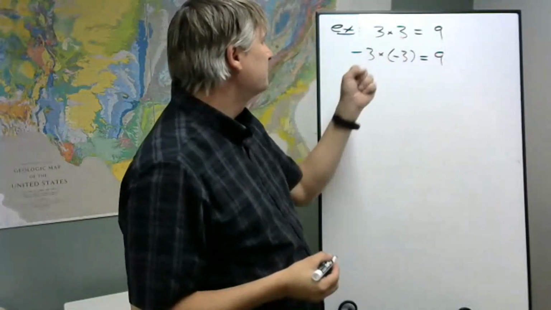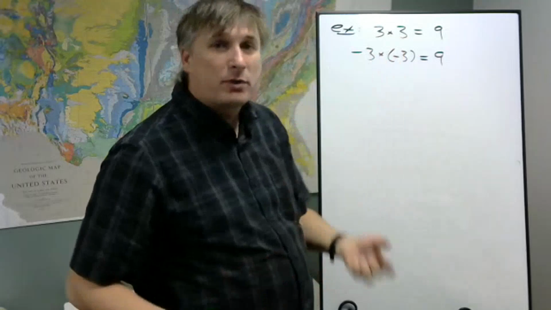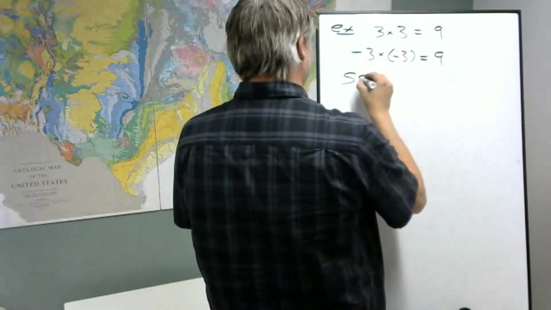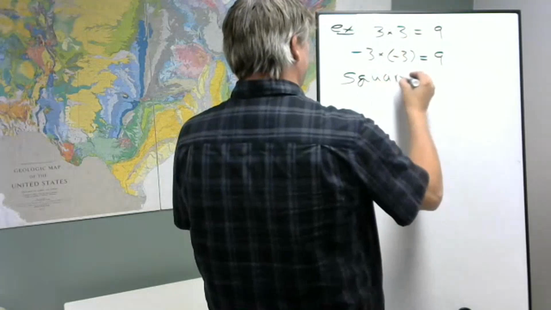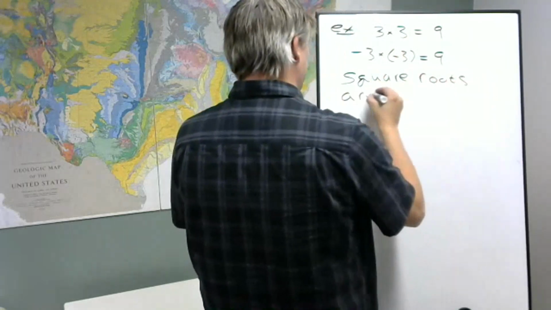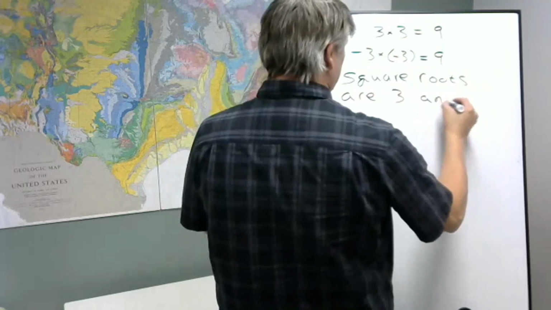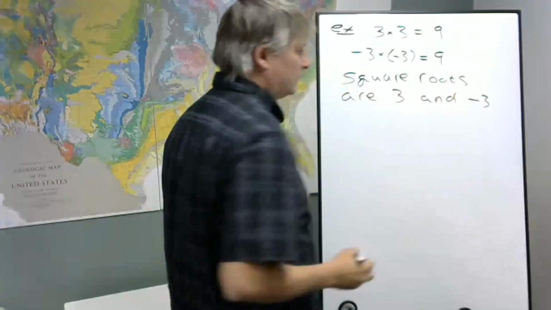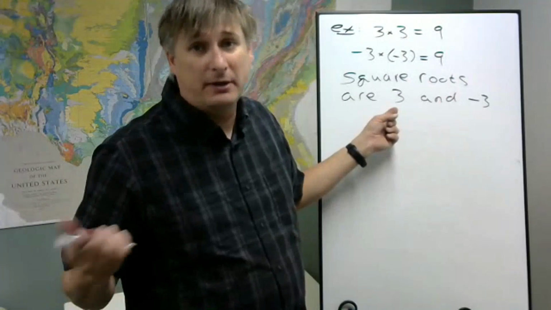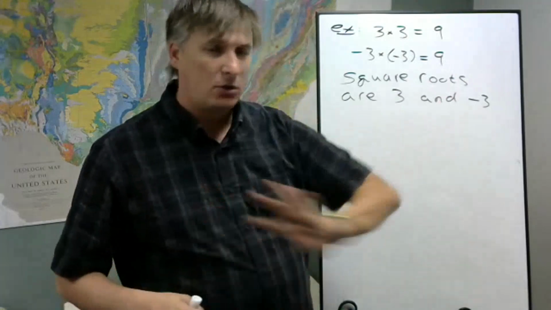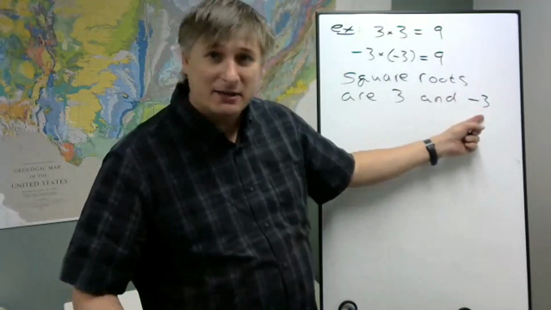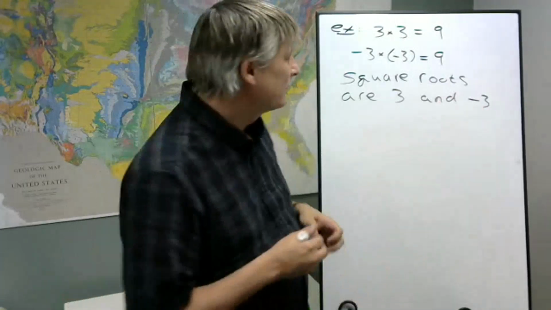So same number, same number. So we have 2 square roots. The reason is, again, we can take 3, multiply it to itself, you'll get 9. Or, in a totally separate operation, take negative 3, multiply it to negative 3, and you get 9.